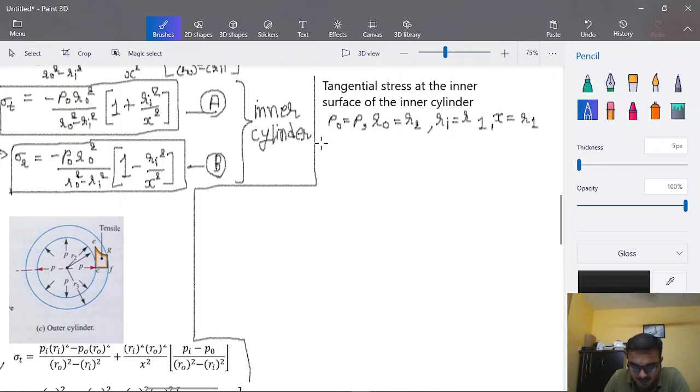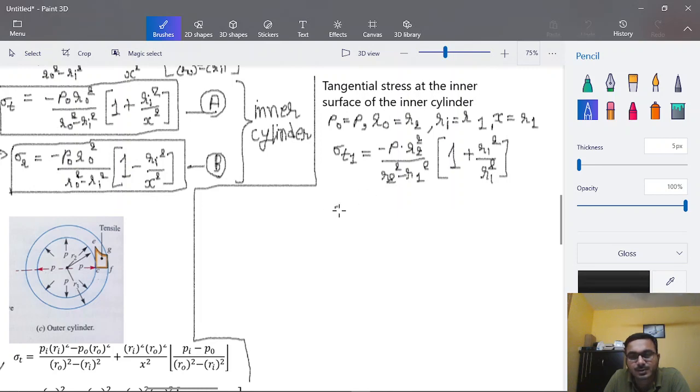So sigma T1 is equal to, we will simply put all these values in equation A, minus P into R2 square divided by R2 square minus R1 square into 1 plus, instead of Ri we have R1 square divided by, instead of x we put R1 square.